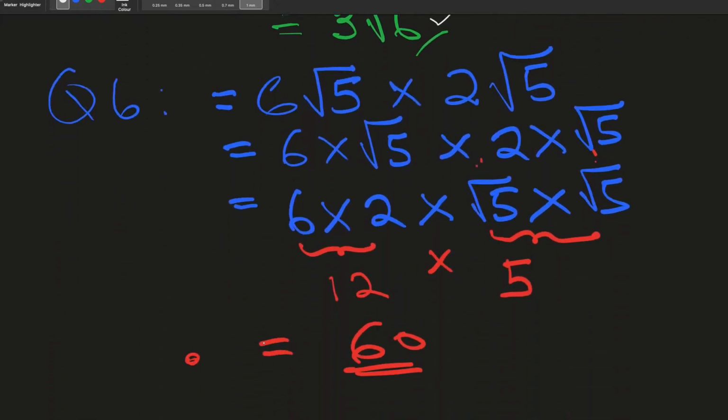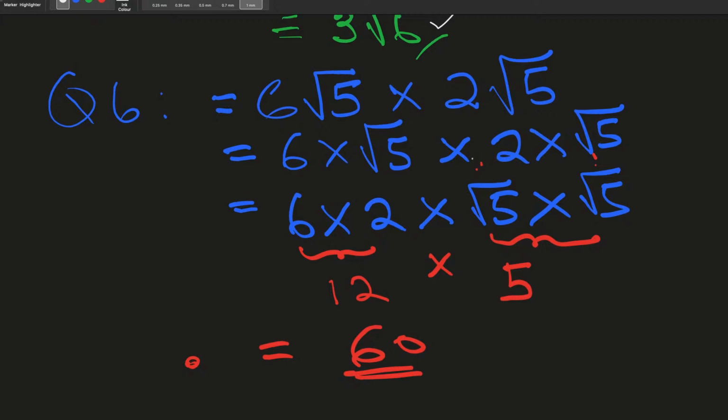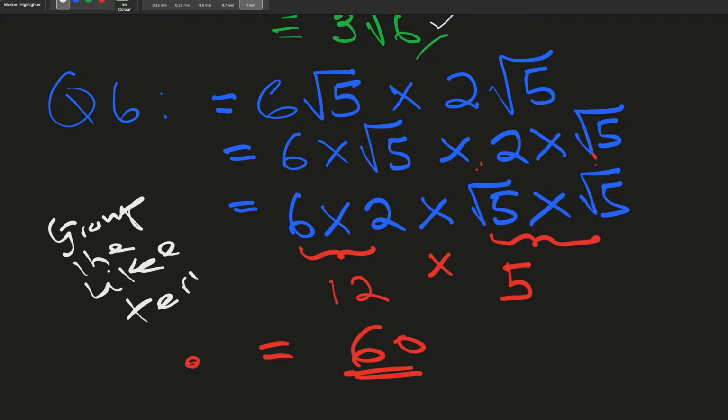Okay, the next one, once again, is 6 root 5 times 2 root 5. So 6 root 5 means 6 is multiplying by root 5, so times 2 times root 5. After that, we group the like terms over here.